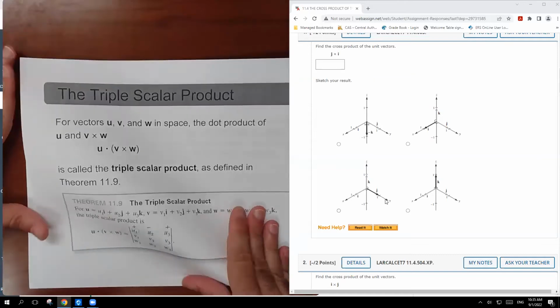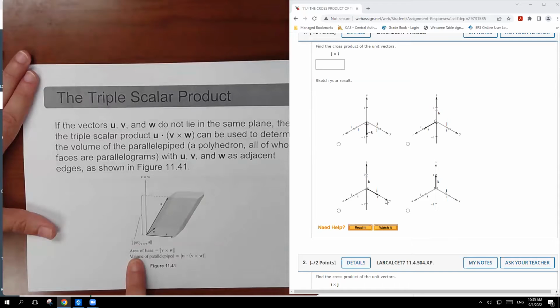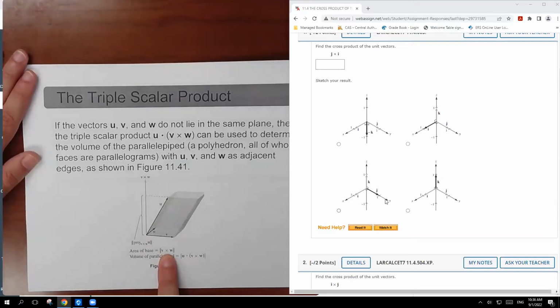The next one, you see here, is the area of the base and the volume of the parallelepiped. It's going to be the length of the triple scalar product. To find the area, it's always the length of the cross product.